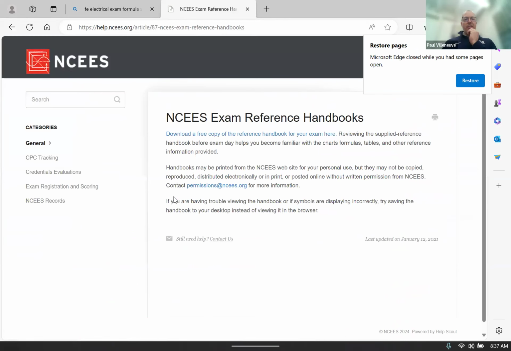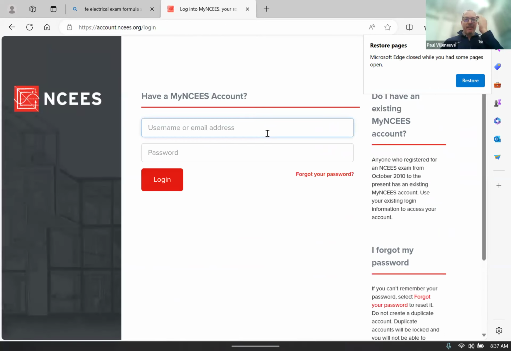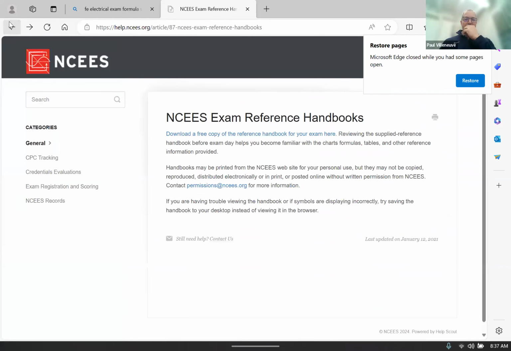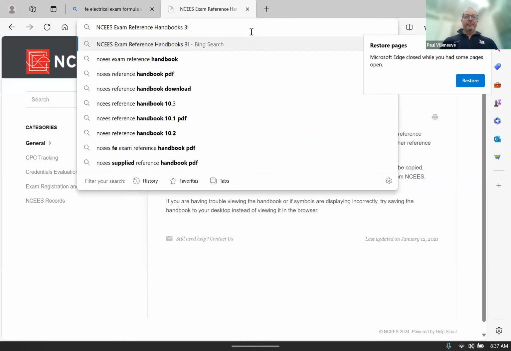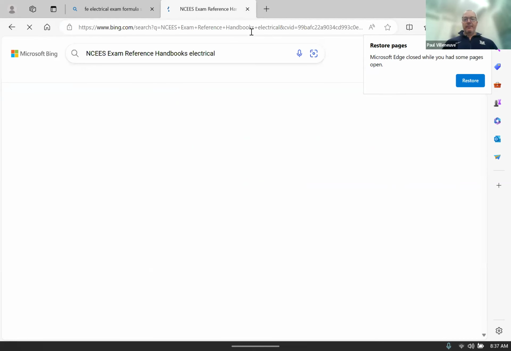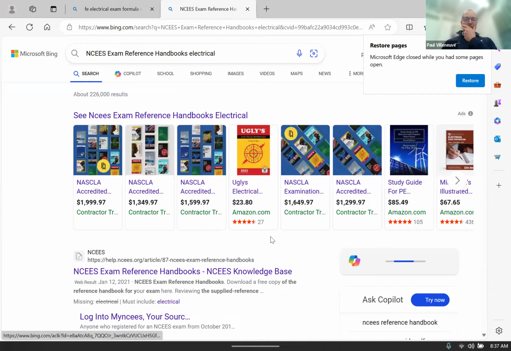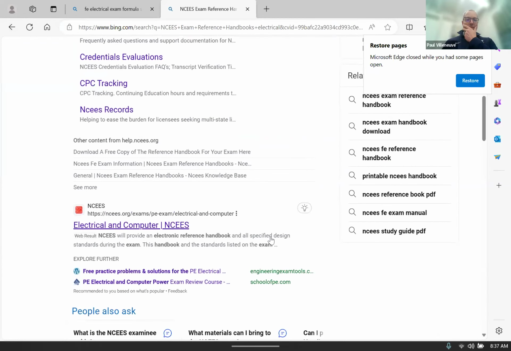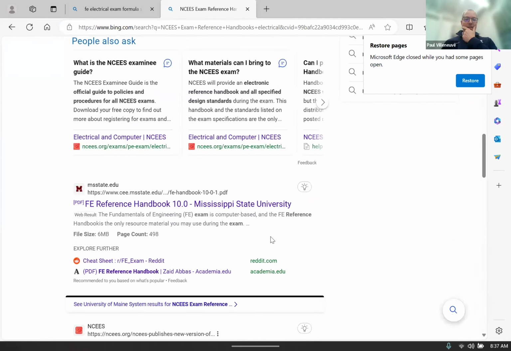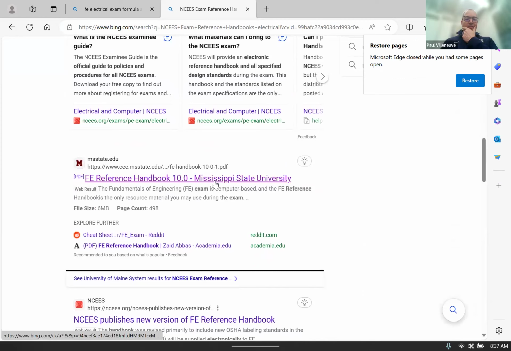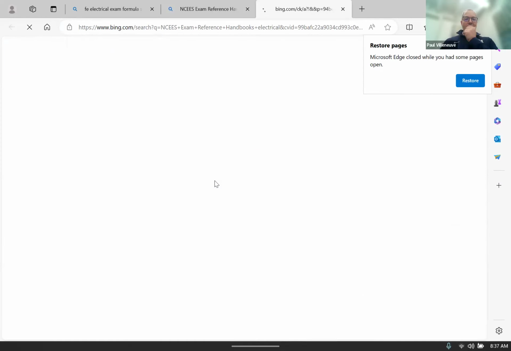So normally, if you go on to the FE, you can go to this free reference handbook. I don't have an account number. So let me just try this and see if we can get it someplace. It used to be you can get this for free. Let's see, where is it? Does this have it?